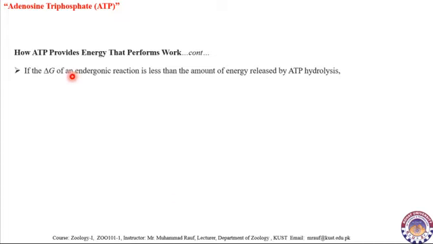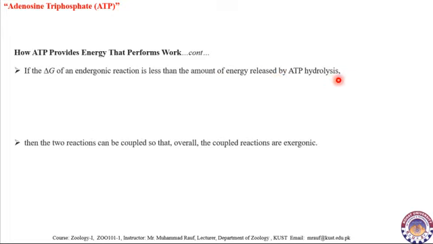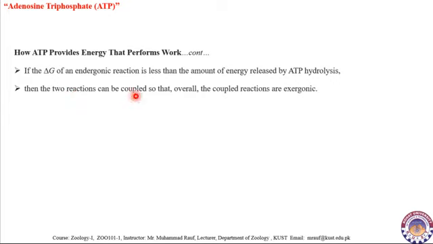Now, if the delta G of an endergonic reaction is less than the amount of energy released by ATP hydrolysis, then the two reactions can be coupled so that overall the coupled reactions are exergonic. Suppose the ATP is releasing 7.3 kilocalories per mole, and there is another reaction going on which requires the input of energy, and that input is less than the one produced by ATP.